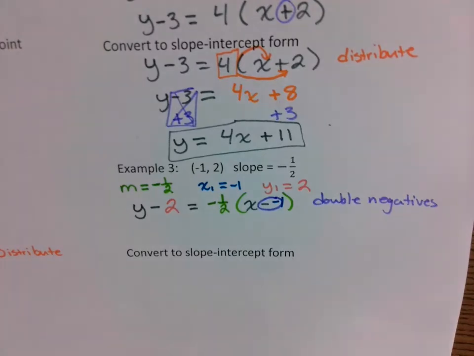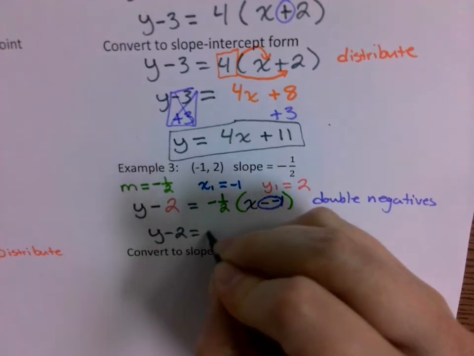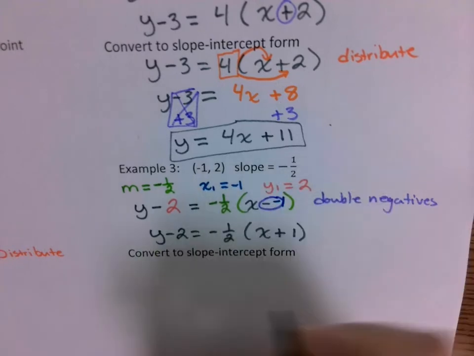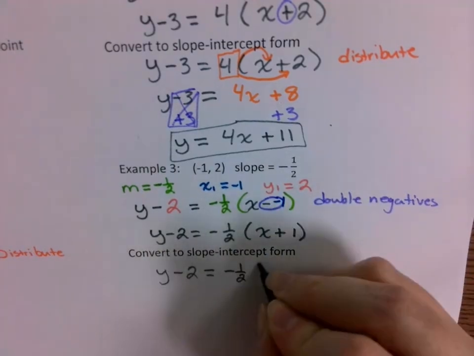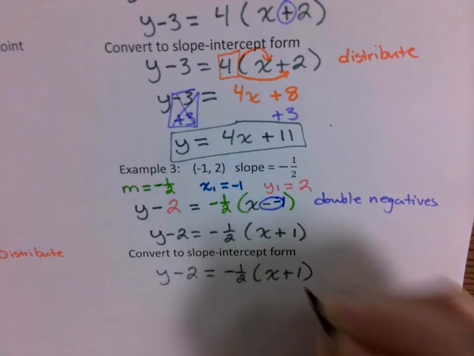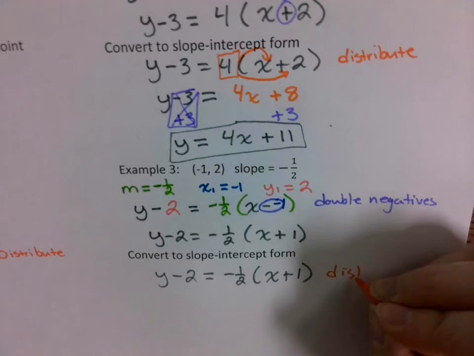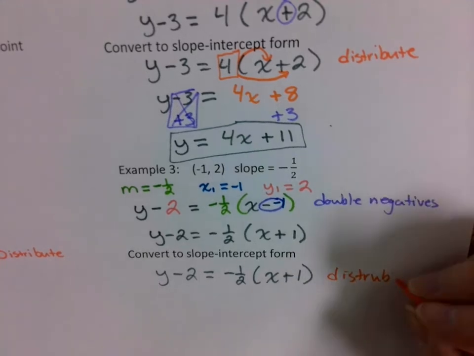So that's going to become y minus 2 is equal to -1/2 times x plus 1. Okay, from there, we can start to do the conversion, which is now to distribute. We want to distribute after we've double-checked that we don't have double negatives.